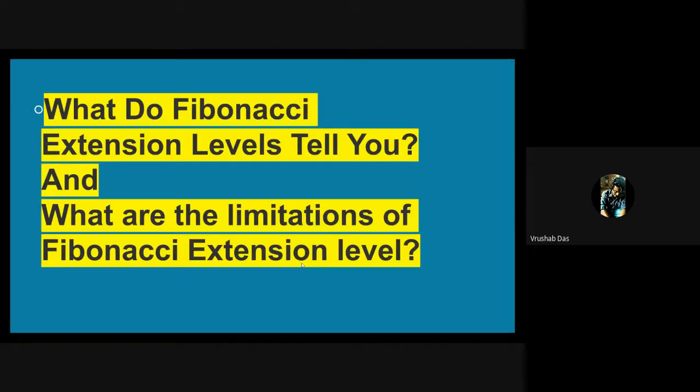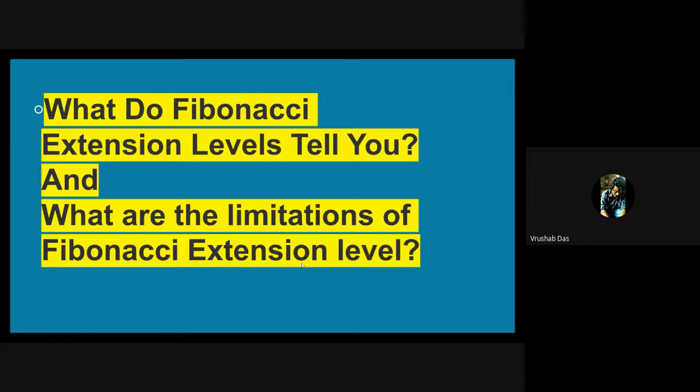About the limitations, it's the same as the retracement level and the doubt that was asked just now: we can't rely solely on this, and we have to consider other factors also. This is what the limitations tell you.